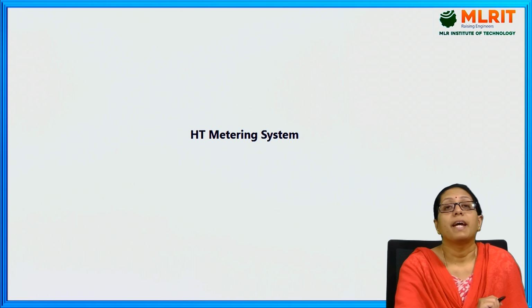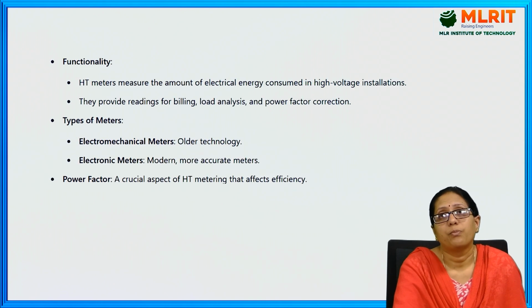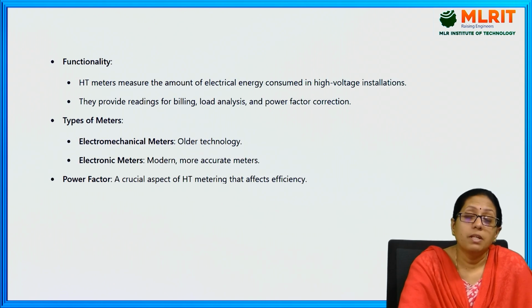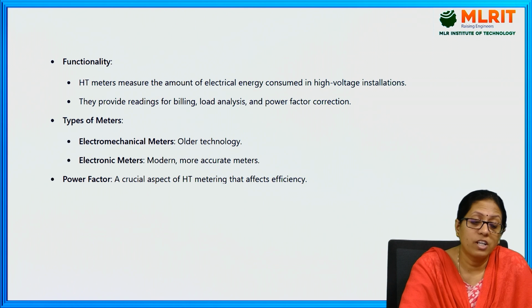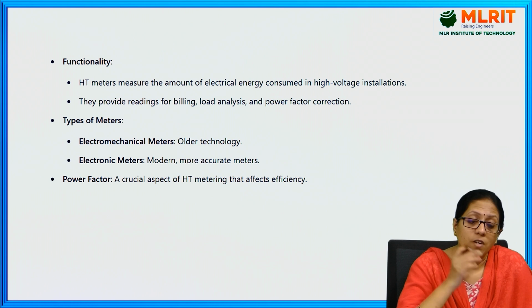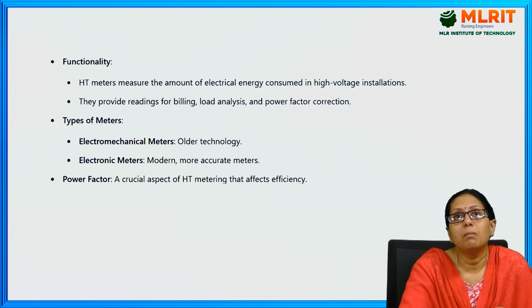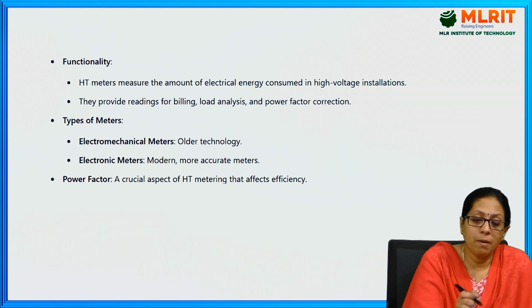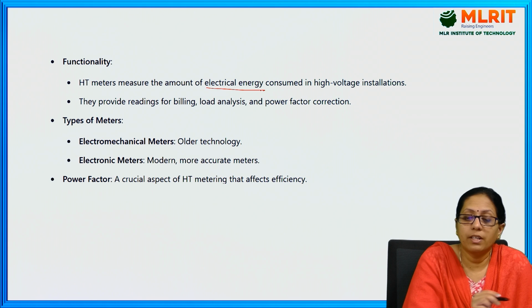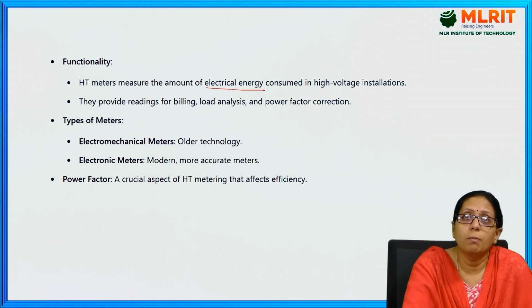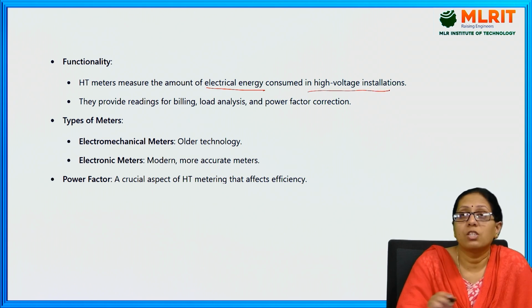Next one is HT metering system. For the HT metering system, first one is functionality, then different types, as well as the power factor. First one is functionality. Functionality means HT meters measure the amount of electrical energy consumed by the high voltage installations.